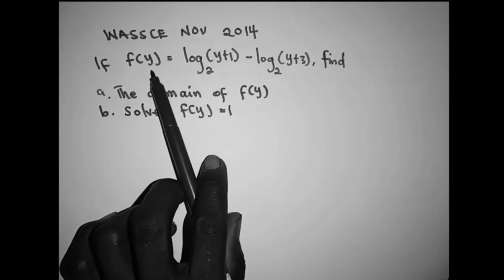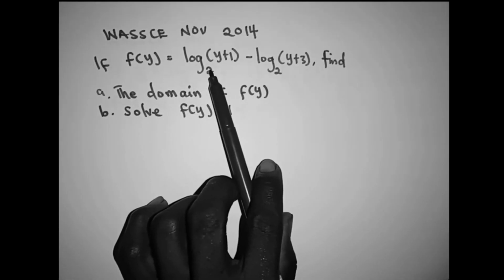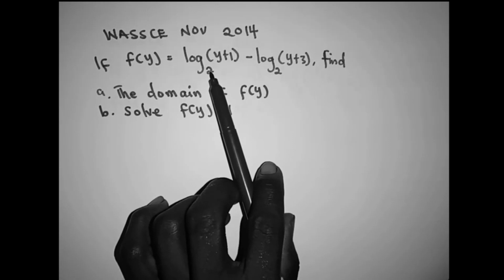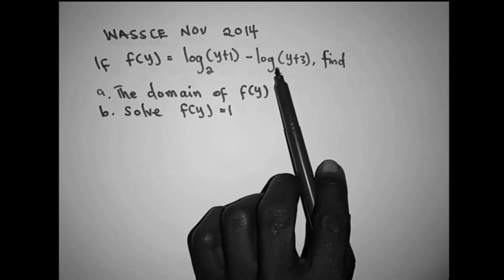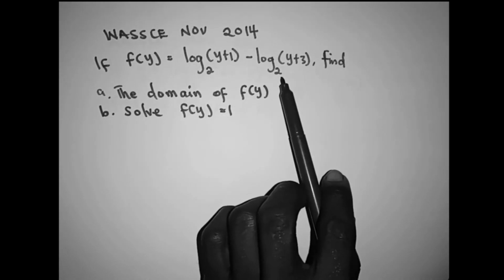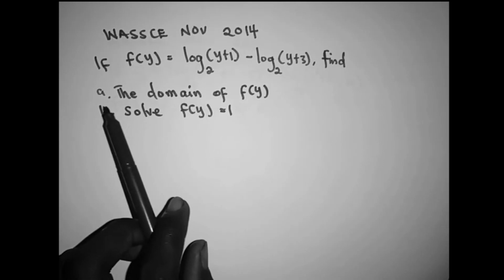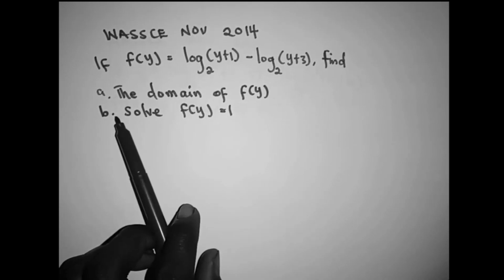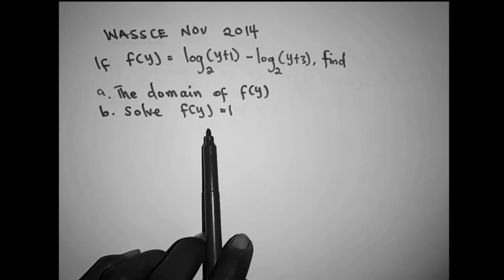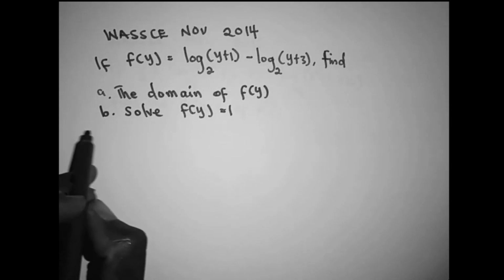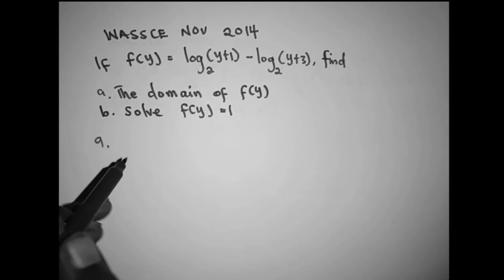If f of y is equal to log of bracket y plus 1 base 2 minus log of bracket y plus 3 base 2, a, find the domain of f of y, and then b, solve f of y equals 1. Okay, so let's start with the a part.